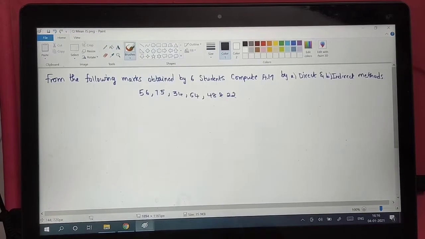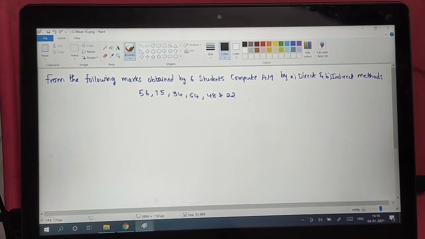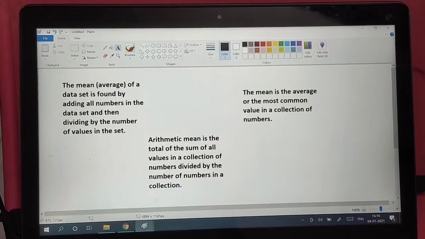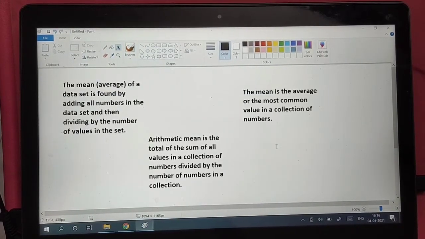Okay, so here's an example for us. But before we get into the example, let me tell you the different formulas that we use in a mean. There are two different methods in which we solve a mean. The first one is called the direct method.